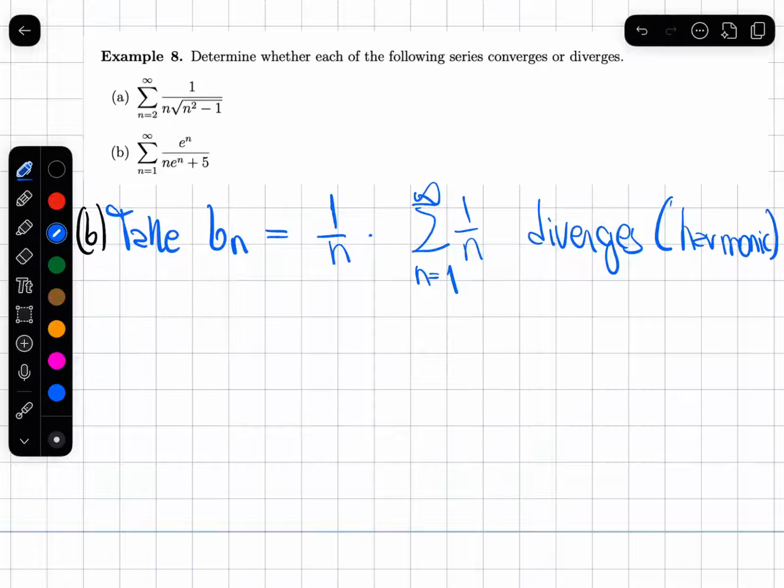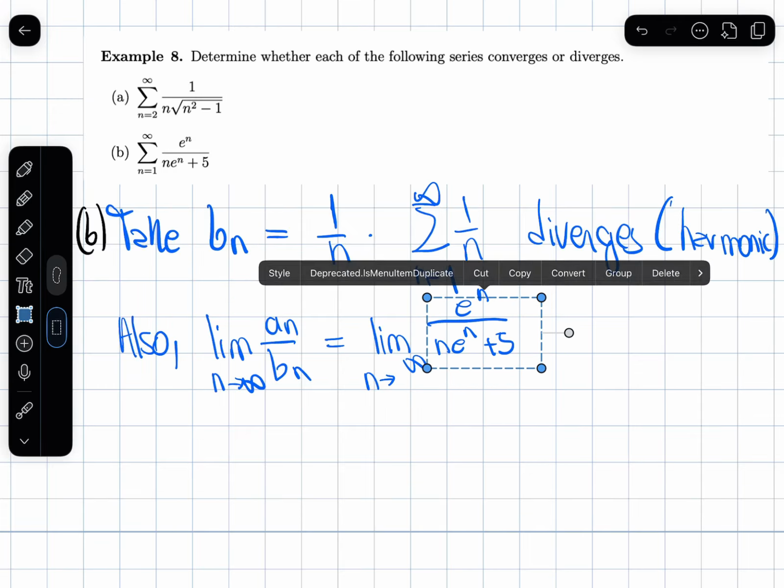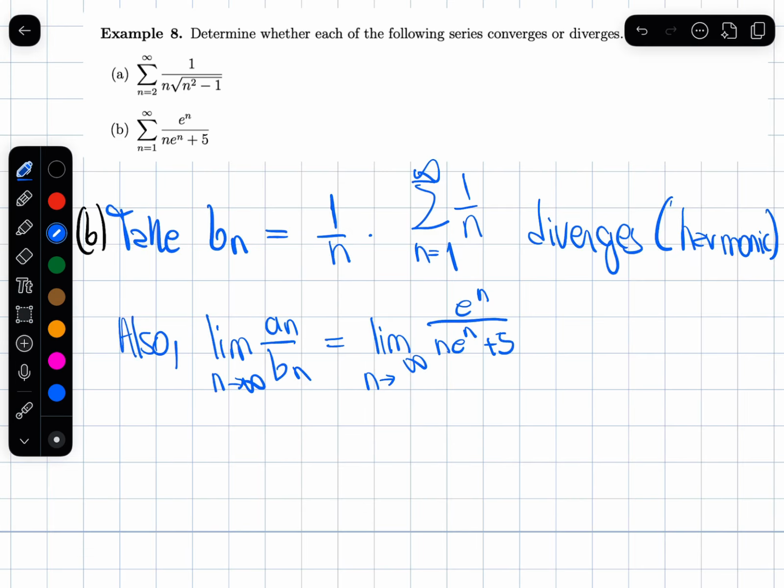And so if I take the limit of an over bn, when n goes to infinity, that will be e to the power n, e to the power n plus 5, all of that divided by 1 over n, with the bigger fraction being the bottom one.